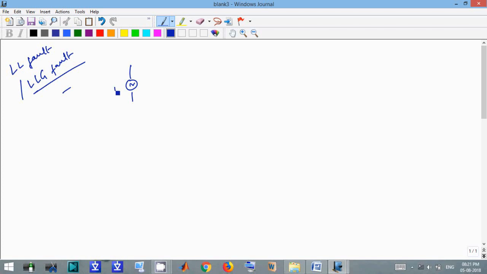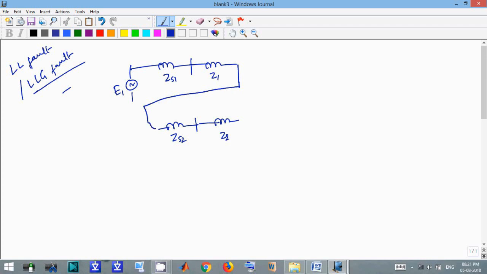So this is our positive sequence generated EMF, and this is ZS1, this is Z1, ZS2, Z2, and in this case it is connected like this.